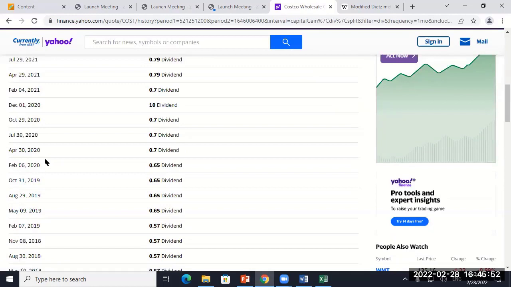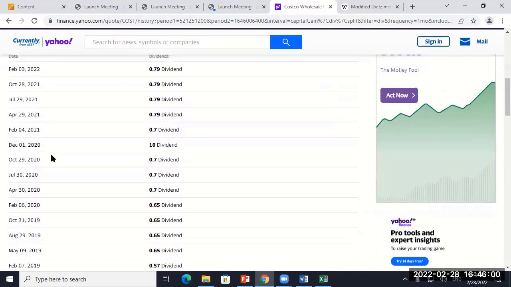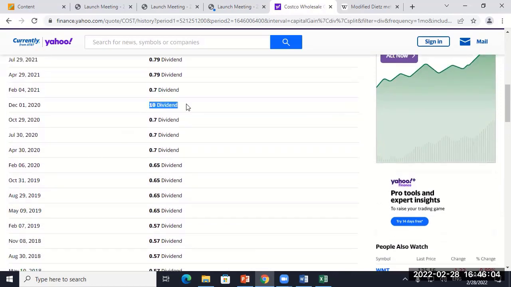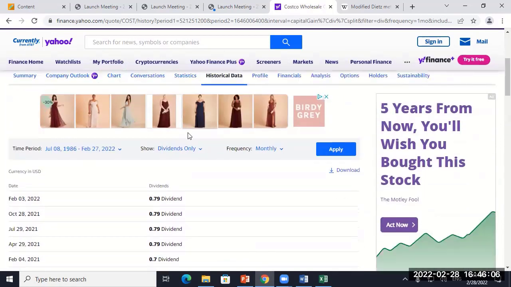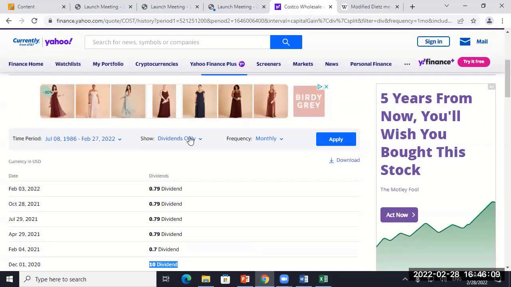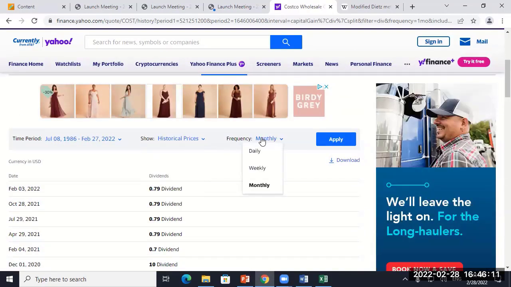What do you notice about their dividends? They're at the highest right now. They're pretty high right now, but anything stand out? They paid a $10 dividend on December 1st. Do you think that's going to show up in the December 1st?